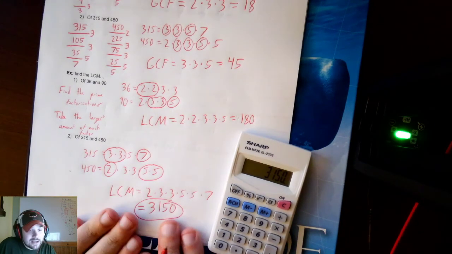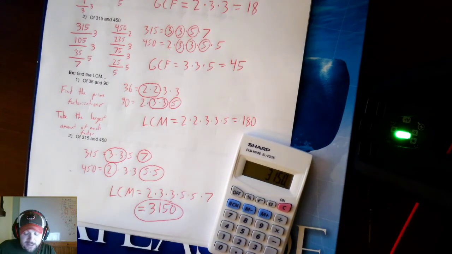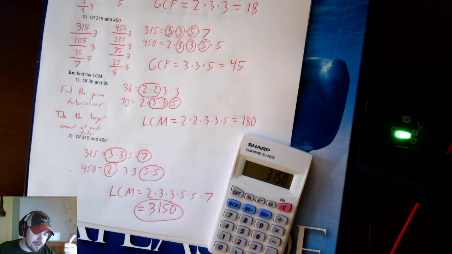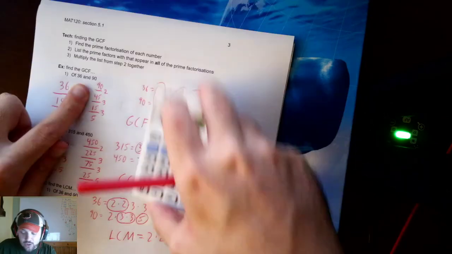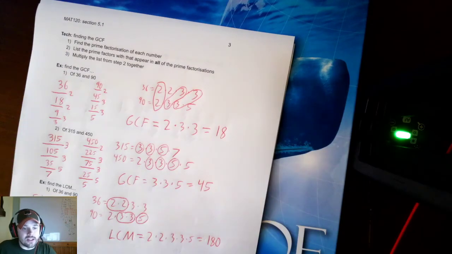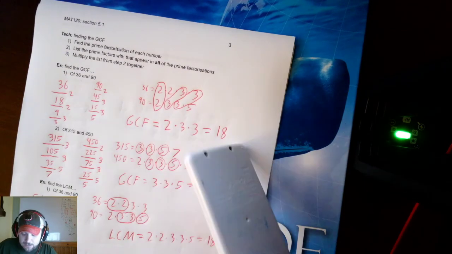Notice this technique, a little bit different, right? But the same first steps. That's why they're on the same page. I wanted to make sure I could point out the similarities and the differences. The similarities are you need to find the prime factors for both techniques. The differences are, for the GCF, you're circling the pairs that are in common and multiplying them.